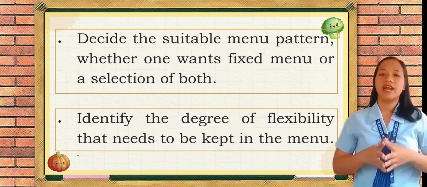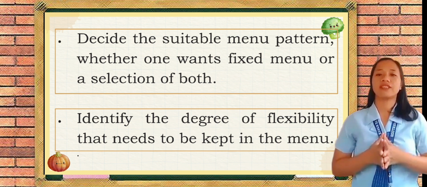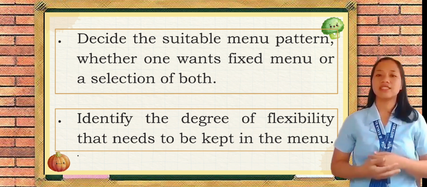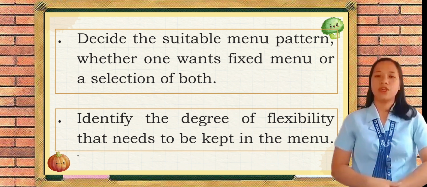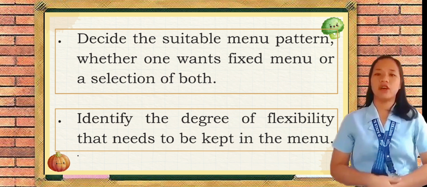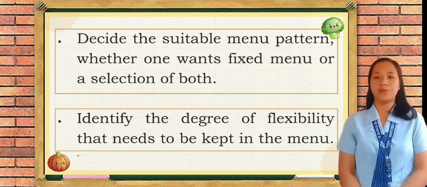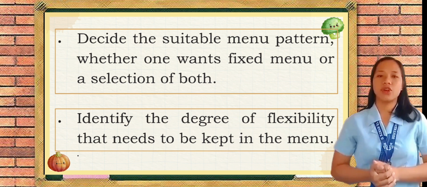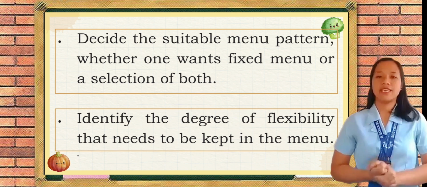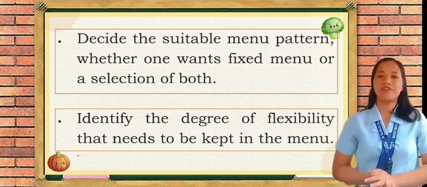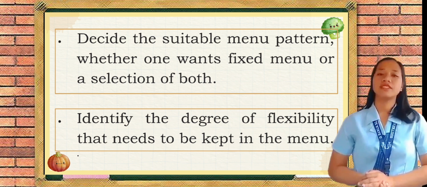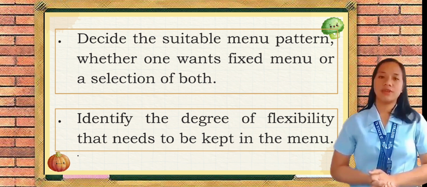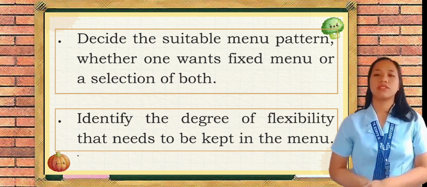So second, identify the degree of flexibility that needs to be kept in the menu. Identifying the degree of flexibility in a menu involves determining how much variation or adaptability is needed to accommodate different dietary preferences, seasonal ingredients, or changing customer tastes.